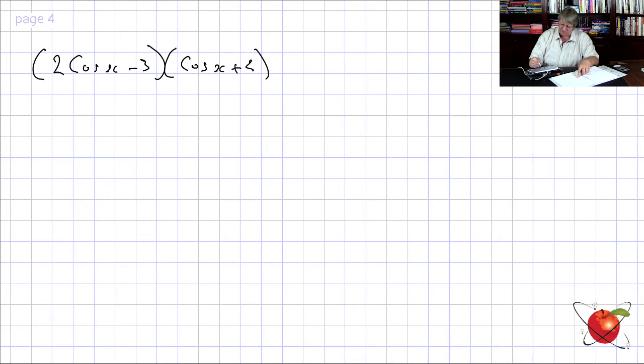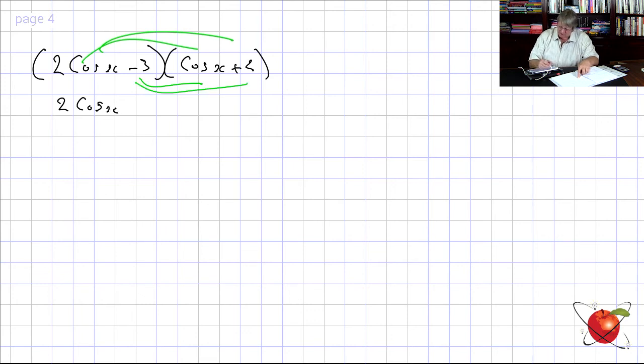Because if we multiply this out, let's just do it just this once, we get 2 cos x times cos x. So you get 2 cos squared x, remember, you put in the little, these guys, remember them coming back again? You say 2 cos x times cos x plus 4 cos x minus 3 cos x minus 6.